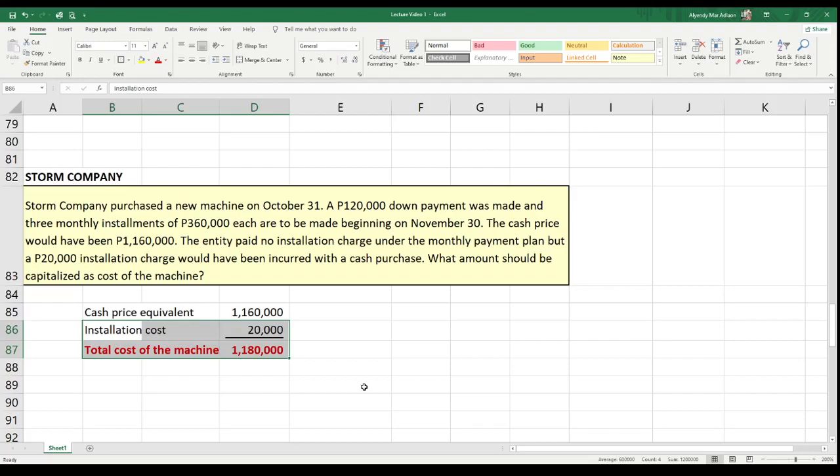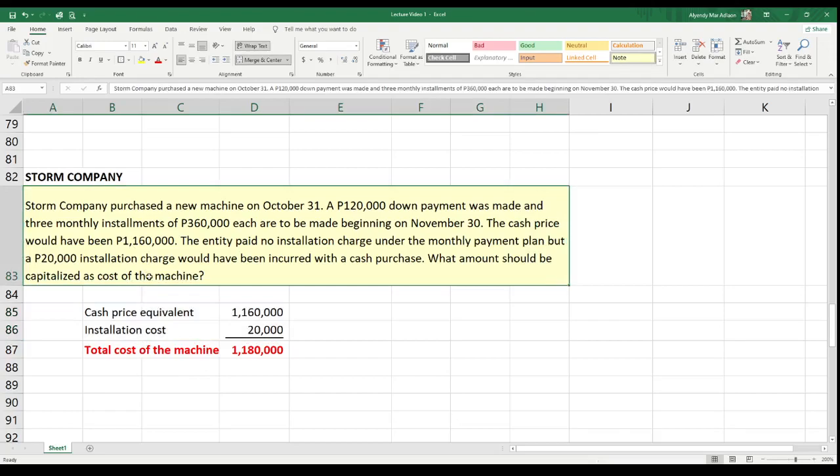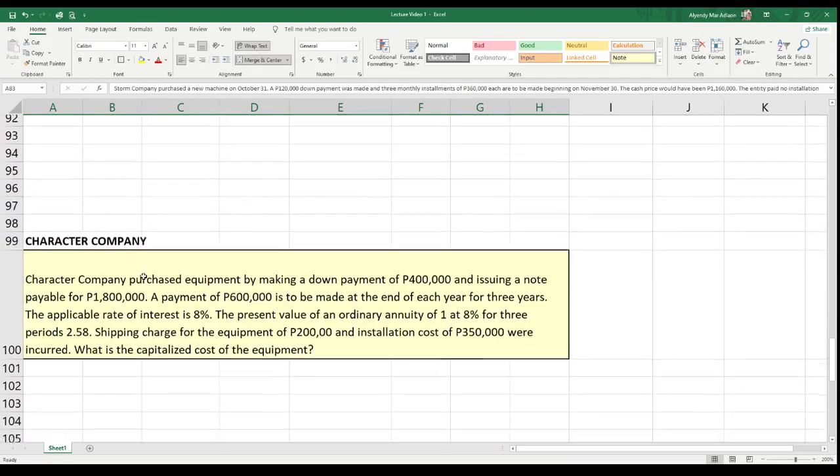Okay, so take note, we have to base the cost of the machine on the costs if ever atoa siyang gi-cash. Okay. Now that's for the storm company, and let's proceed to the next problem.